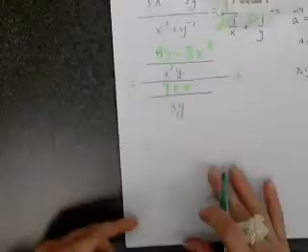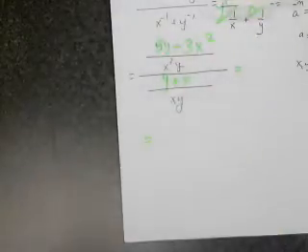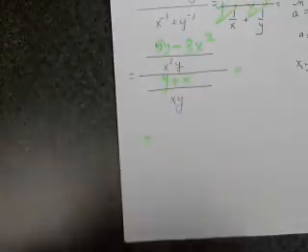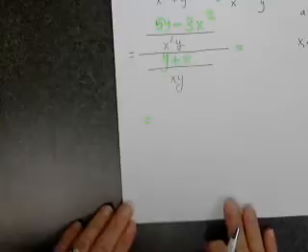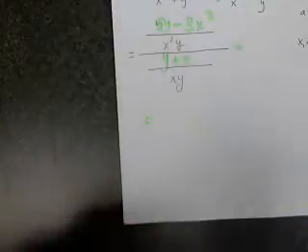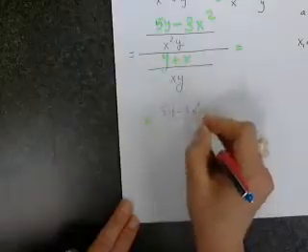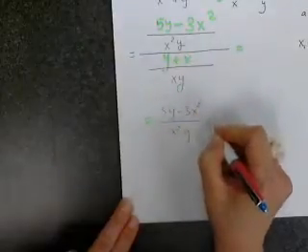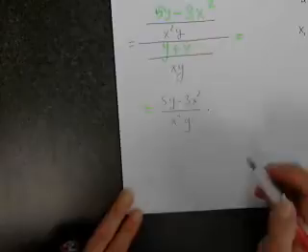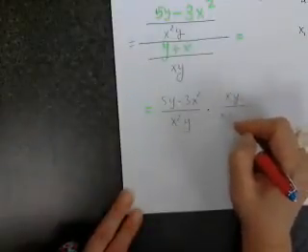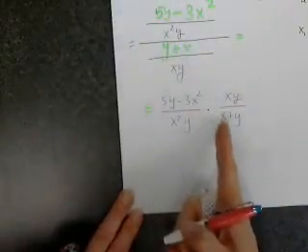Okay. Now we're back. We have a fraction at the top, a fraction in the denominator. What do we do with this? How do I divide two fractions? So 5y minus 3x squared over x squared y multiplied by. So now this is a new denominator.